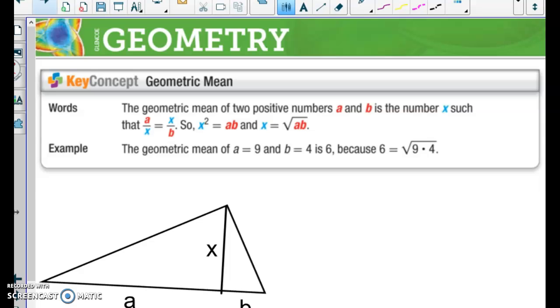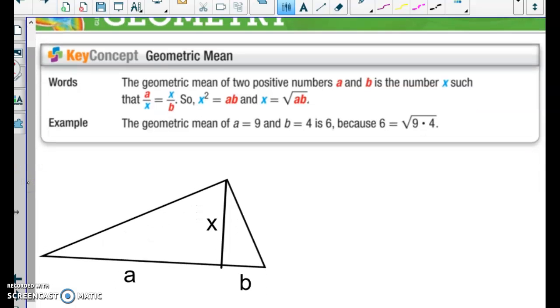And where does that come from? Well, in this triangle down here, because we have two similar triangles, we're going to say this triangle is similar to this triangle. And those are the two that I need for this. And if we look at it, I'm going to call this long leg, and I'm going to call this short leg of the bigger of the two triangles.